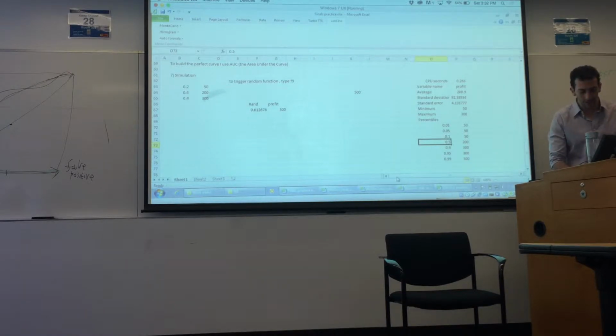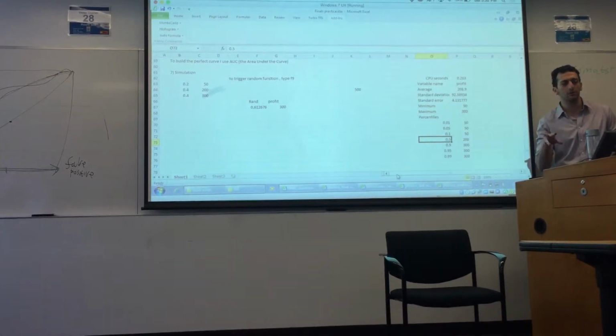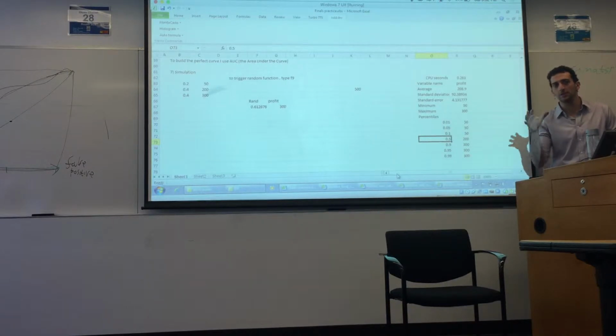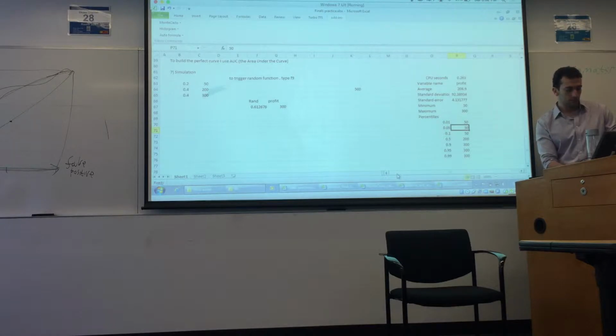It tells me the median is 200. 50% of the time it will be 200 or less, which makes sense, right? Because 20% was 50, 40% 200, and 40% 300. So exactly the mid is 200. And yeah, so this is the result, and this is what we want.